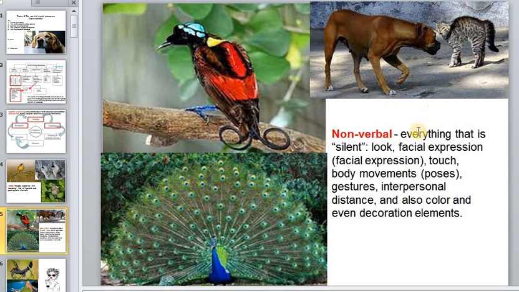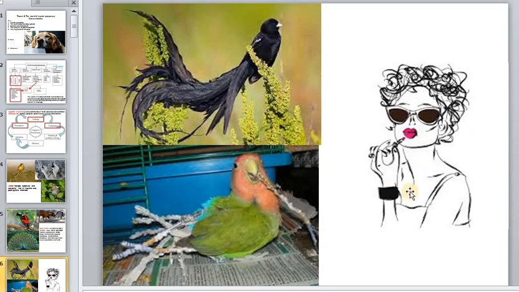and poses on the distance, and also color and elements, decoration, like in these birds, for example. This really reminds me of someone like humans, this woman, and if someone knows that he is not handsome enough, he can even use elements of decoration himself, like this parrot.